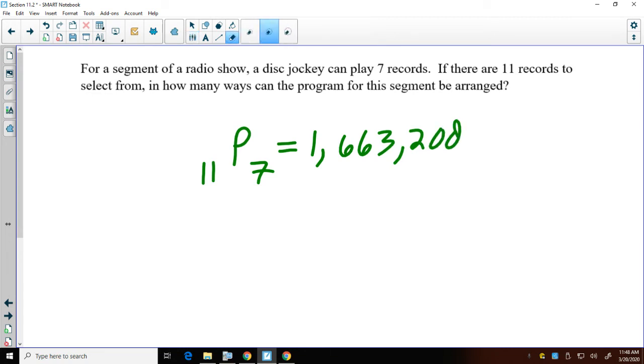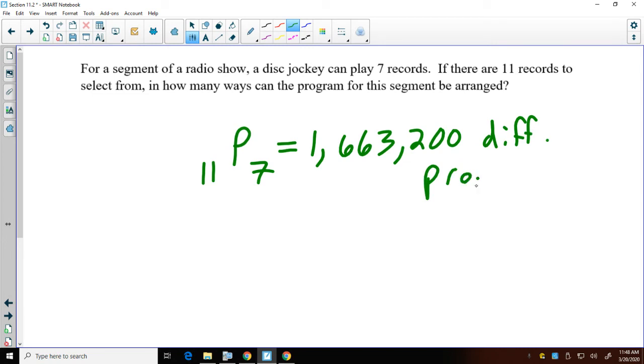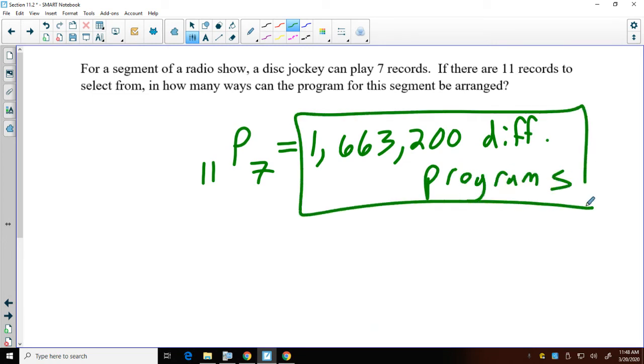Woo! Different programs, let's say that, where the order matters.